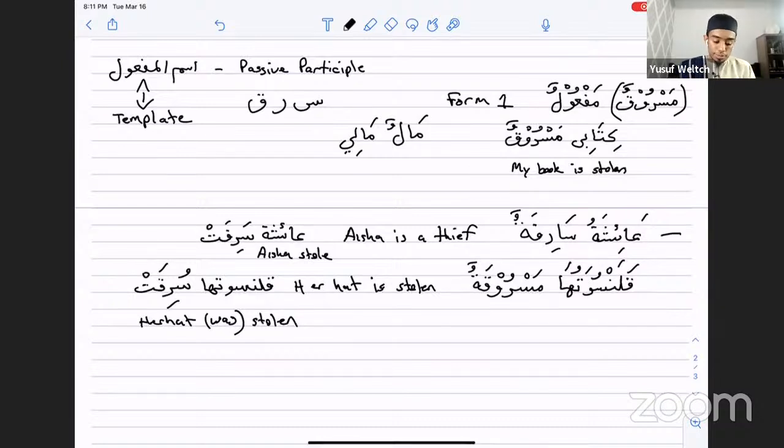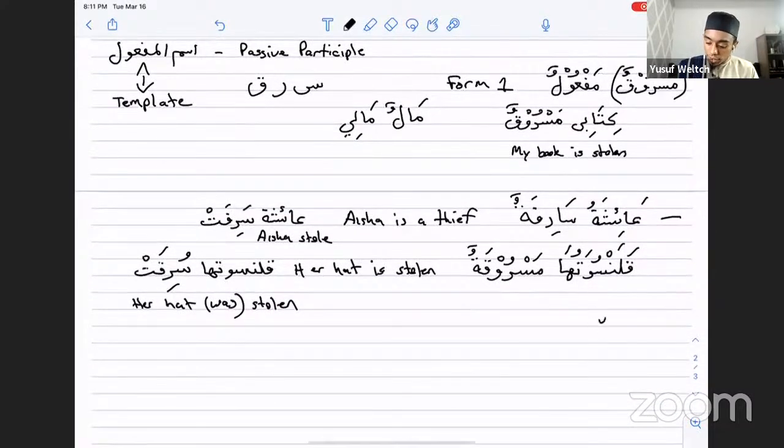Okay, does that make sense? Now, there's a literary difference between using a nominal sentence versus a verbal sentence. There are nuanced reasons why you would choose one over the other. But essentially, sariqa here is the noun version of sariqat.